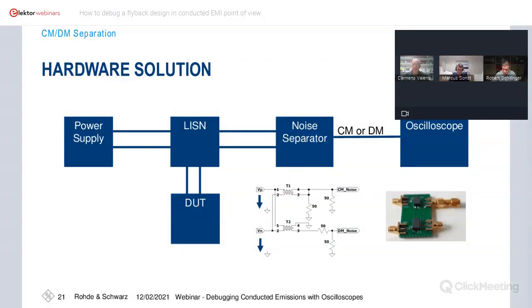It's not so hard to create the PCB, and on the PCB they are using two common mode chokes from us and SMA connectors. It's also a possibility. Okay, maybe we can also add this small project to the LISN at the Elektor page. It's okay from my side. I have no problem with that. Okay.